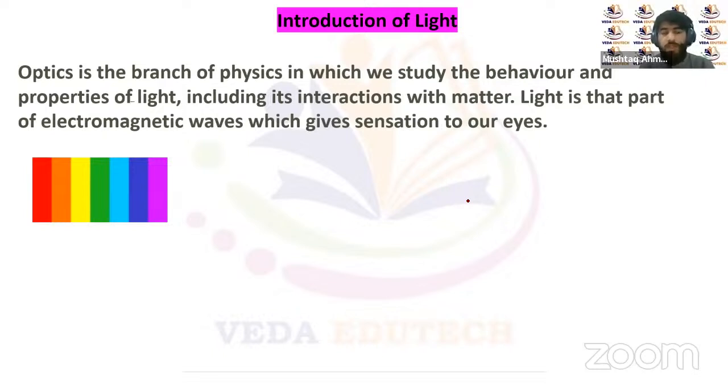From this electromagnetic spectrum, in this chapter, we'll be dealing with the visible region only. It's that part of the electromagnetic spectrum because of which we're able to see everything around us.